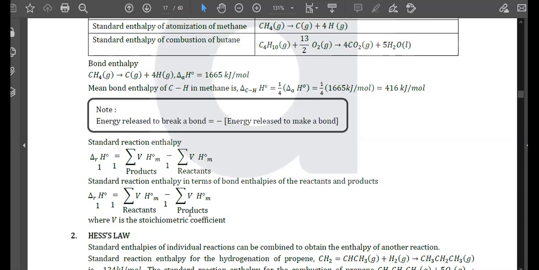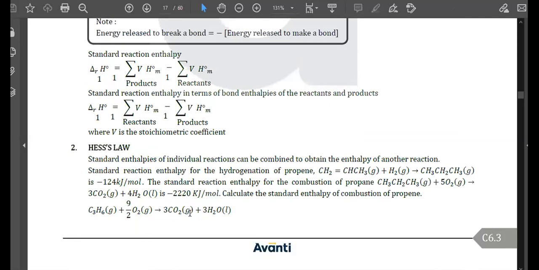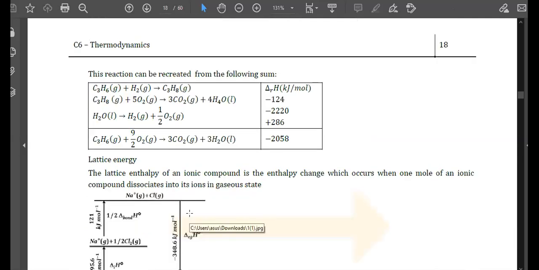Then we studied Hess law. Hess law said that if we have multiple reactions, and we have to obtain another reaction by adjusting those multiple reactions, then the net enthalpy of reaction would be the sum or difference of the individual reactions.